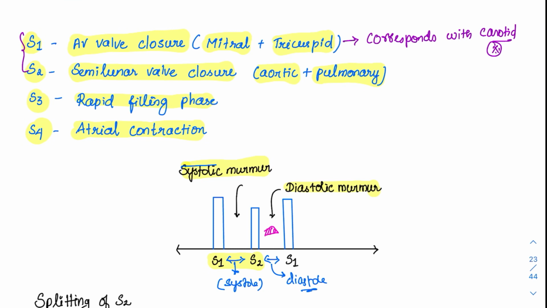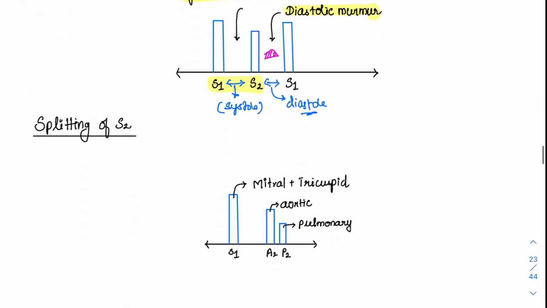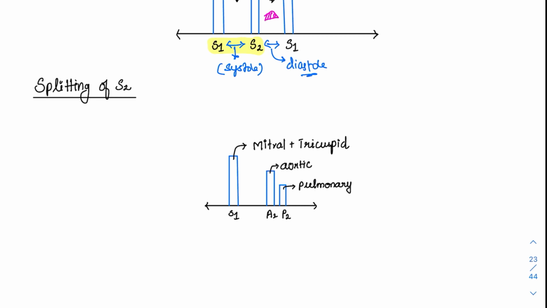Now coming to the splitting of S2. Can the S2 be split? Because we told 2 valves are involved. Usually what happens is, for S1, the mitral and tricuspid valves usually close at the same time, like 99% of the times. So that's why we hear only one sound. But in some cases, there can be, physiologically also, a splitting of the second heart sound.